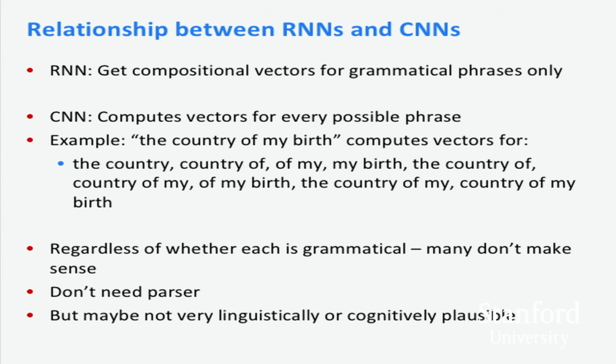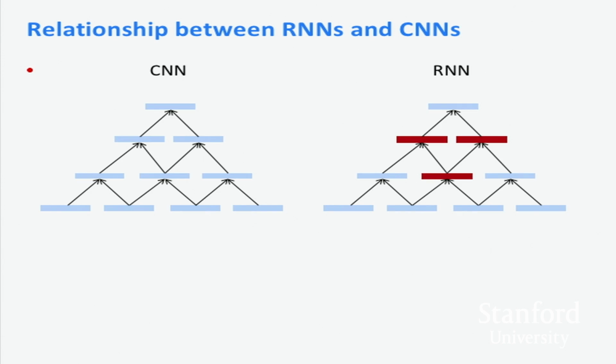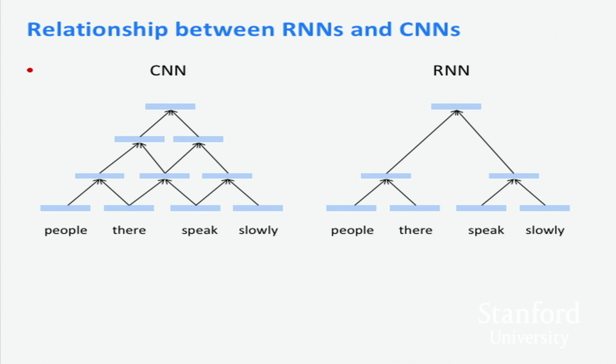But it's not very linguistically or cognitively plausible, I feel. To some extent, I actually think recurrent models are more cognitively plausible as an alternative to tree-structured models than convolutional neural networks are. So the picture is that for the CNN, you're making a representation for every pair of words, every triple of words, every 4 words, whereas the tree recursive neural network is saying, well, some of those representations don't correspond to a phrase, and so we're going to delete them out.